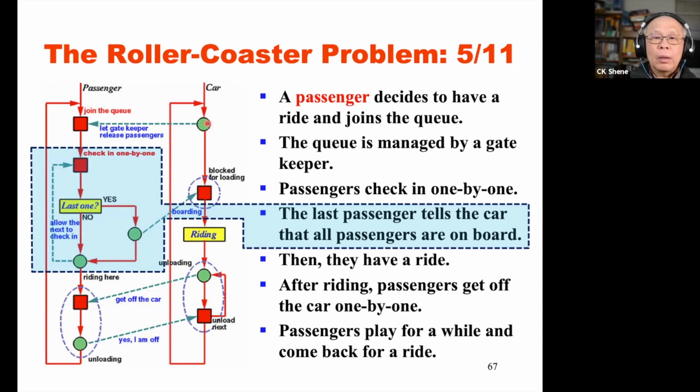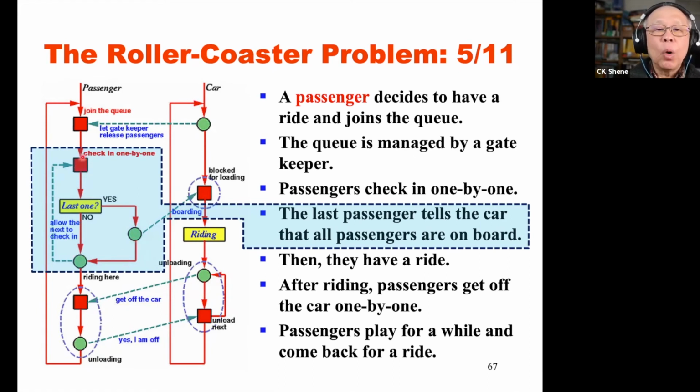When the car is ready for boarding, the car informs the gatekeeper, and the car is blocked. Blocked for what? Blocked for loading. So if the last passenger is here, then the last passenger informs the car, saying that I am the last one, everyone is on board. So the last passenger comes back to the normal path and releases the lock.